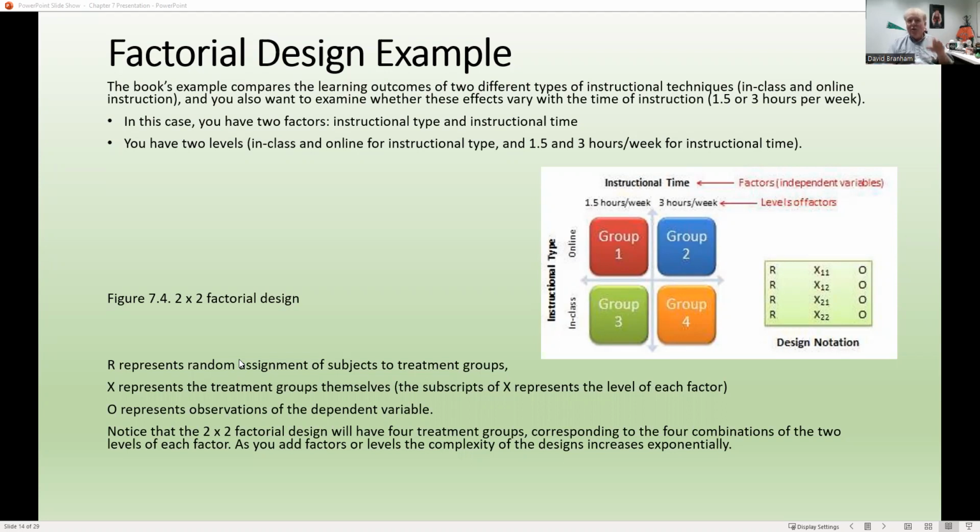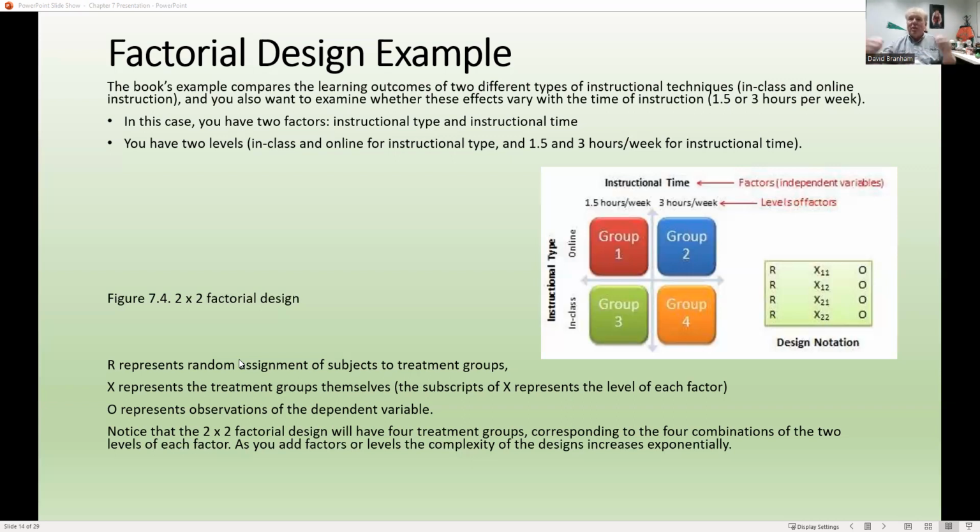In this case, you have two factors. You've got the instructional type, in class versus online, and you've got the instructional time, 1.5 versus 3 hours a week. You have two levels: in class and online for instructional type, and 1.5 and 3 hours for instructional time. Figure 7.4 in your book shows that 2x2 factorial design. In this case, R equals random assignment.